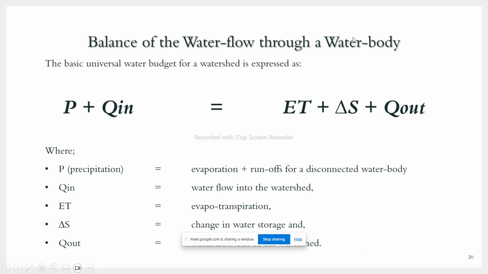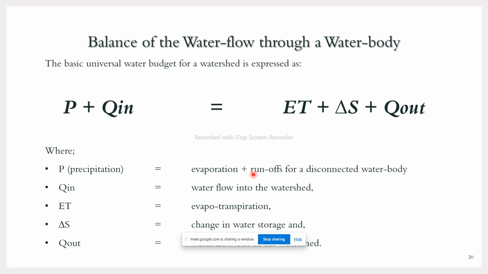This is a control volume equation basically, which is based on the conservation of mass: P plus Q in equals ET plus delta S plus Q out, where this P term represents the precipitation, or raining.